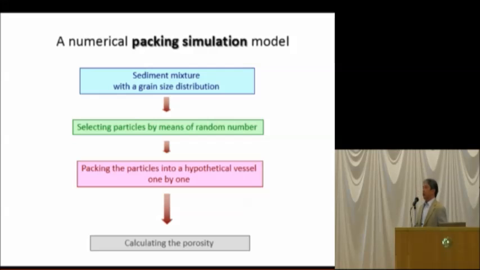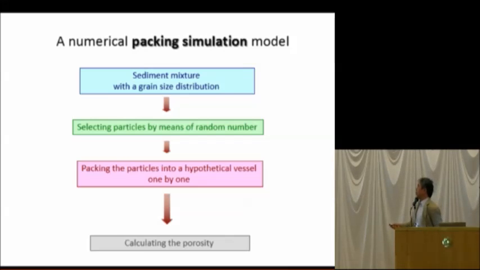And another method is the numerical packing simulation model. I think in the chemical engineering field, there are some packing models. And actually, we are developing this packing method. Particularly, Dr. Daizo Tsutsumi developed this simulation model.